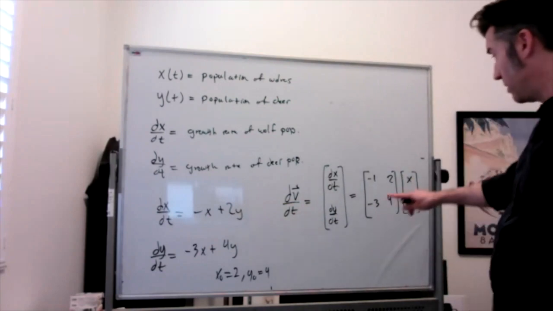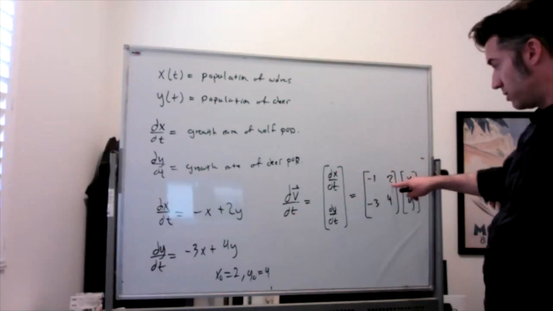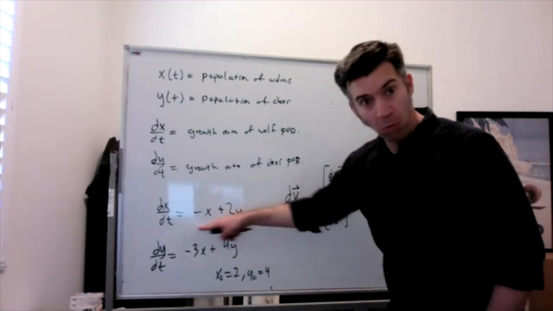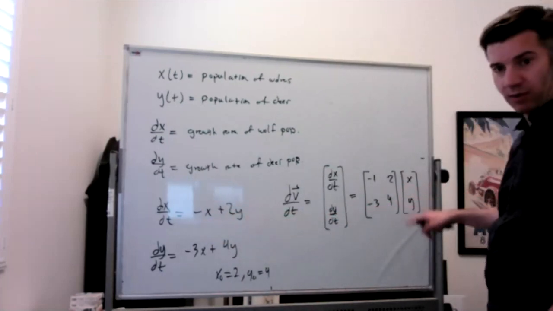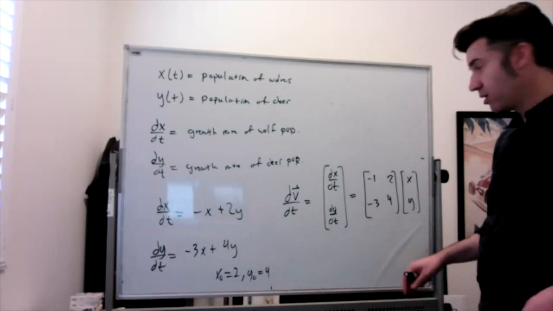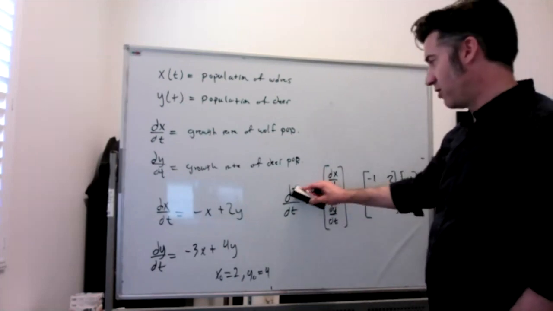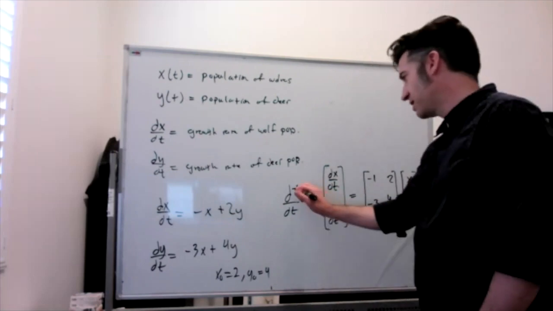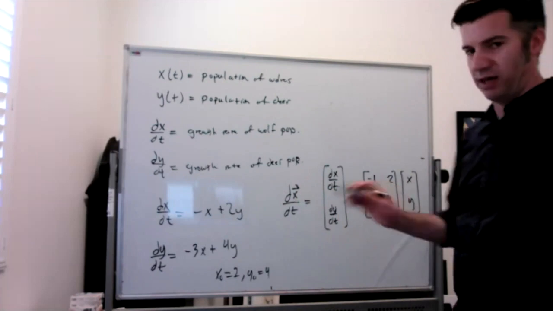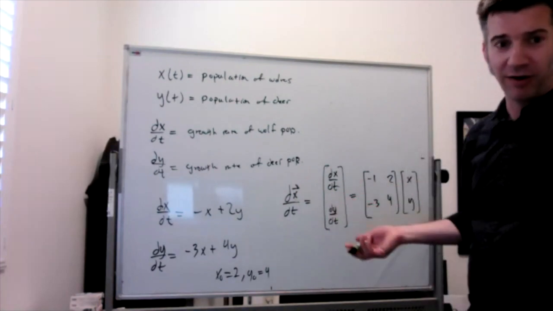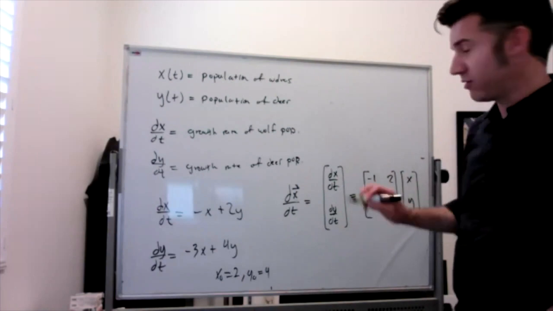This matrix multiplication just gives you dx/dt equals -1 times x plus 2 times y. And the second one is dy/dt equals -3x plus 4 times y. Great. Okay, this is the derivative of the vector x, so I can't not call it dx/dt. It's the derivative of the vector.